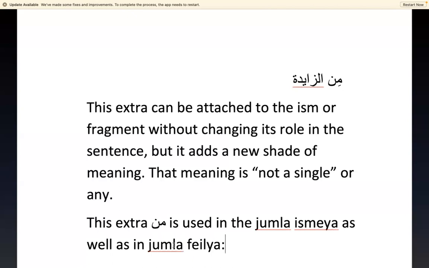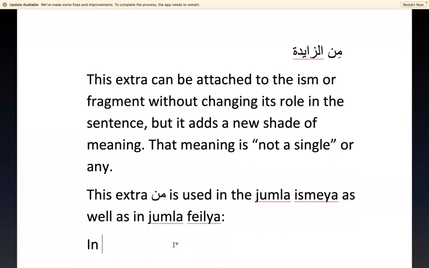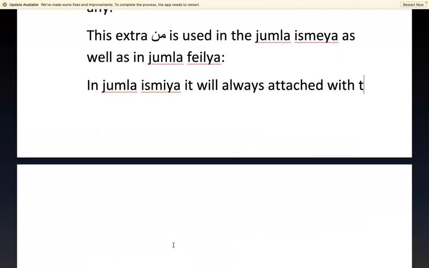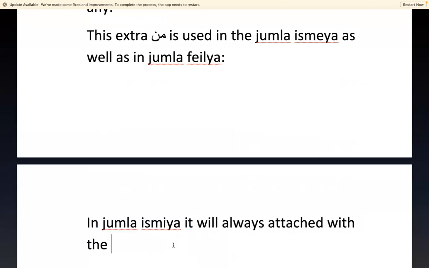In jumla ismiya, it will be always attached with the mubtada. With the mubtada, okay? And mubtada, we know it's ism.